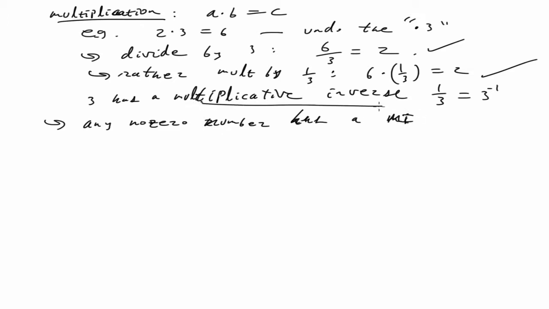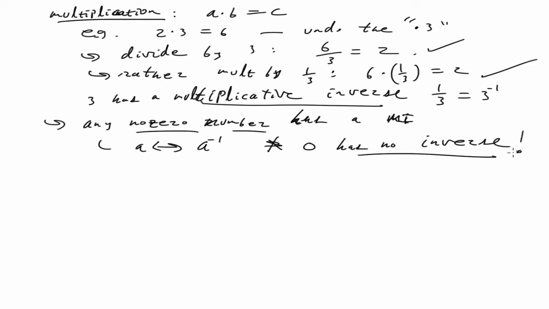Okay, and of course, if I have A, then there's its pair, its inverse pair, which I call A to the negative 1. Okay, and that's true for any number except for 0, and that's the big thing. 0, the additive identity, has no inverse.